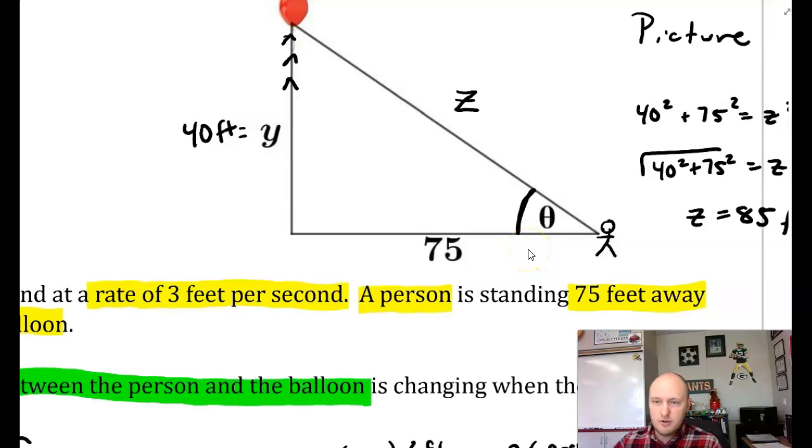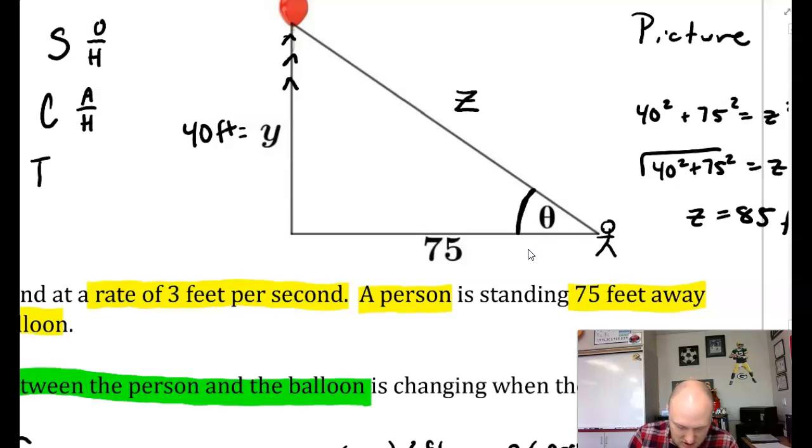Okay, well, using good old SOHCAHTOA, sine of an angle is the side opposite over the side hypotenuse. Cosine of an angle, theta, is equal to the ratio of the side adjacent divided by the side that's hypotenuse. And tangent of theta is the side opposite divided by the side adjacent.